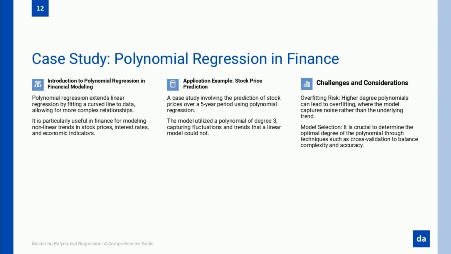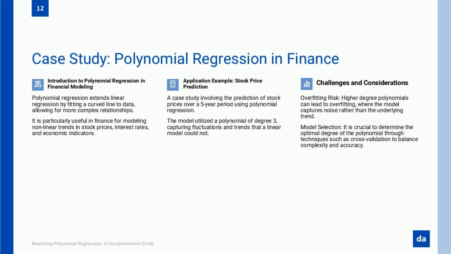They are influenced by multiple factors, market fluctuations, and economic conditions. By applying polynomial regression, analysts can model these nonlinear relationships and make more informed predictions. One of the most common applications of polynomial regression in finance is modeling stock price movements over time.